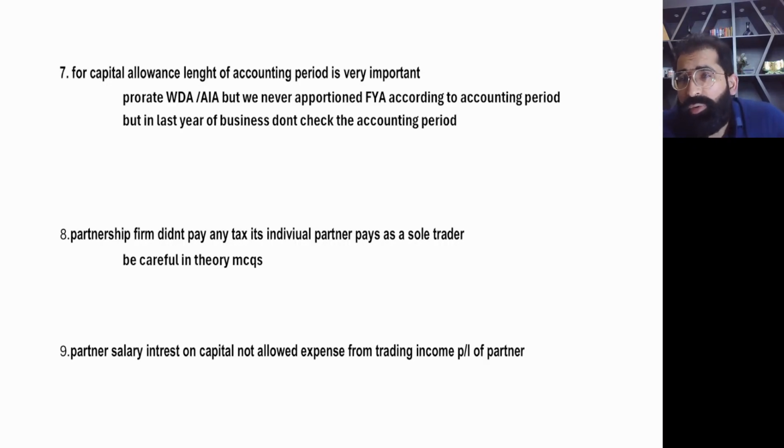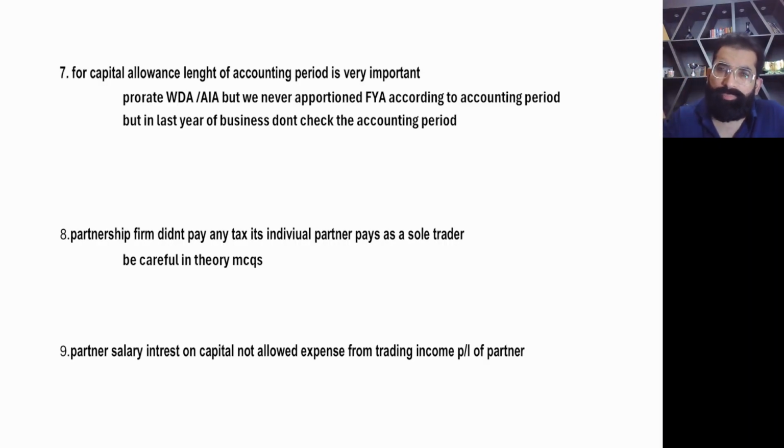But if the length is less than or more than 12 months, then you need to apportion WDAs and AIAs. But one very important thing, there was 100% FYA, remember, for zero emission cars. For that, you don't need to apportion according to the accounting period. We never prorate first year allowance according to the accounting period.